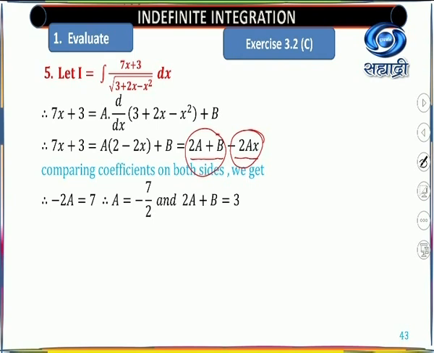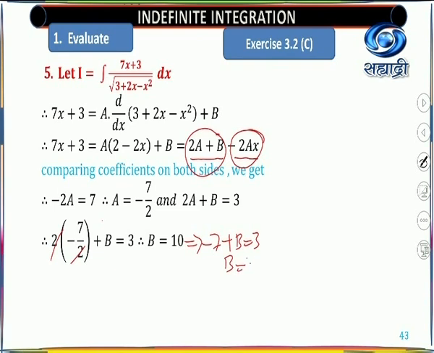So a equal to minus 7 by 2, and 2a plus b equal to 3. If you substitute here, what value of b will you get? 2 into minus 7 by 2 plus b. This 2 and 2 will get cancelled. So you will get minus 7. Look at here, minus 7 plus b equal to 3. So b equal to 3 plus 7. Hence it is 10. Okay. So the b value is 10.